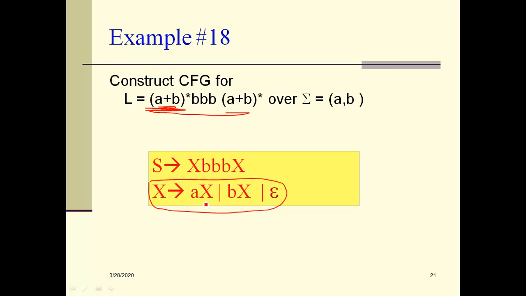Any string over a comma b can be generated from this X. Because in this particular case we have any string over a comma b followed by triple B compulsorily, and then again X. So we have X, triple B and X. Now this X can lead to empty, because it is a Kleene closure and can contain the empty string. So the smallest string in this language is only triple B, which we can easily generate because S derives X B B B X, and this X can be replaced with empty, and hence okay.